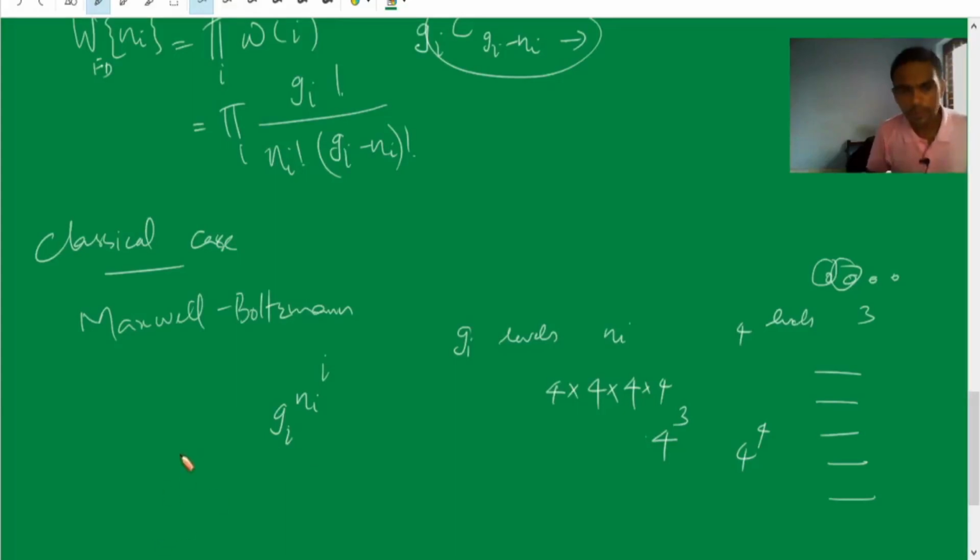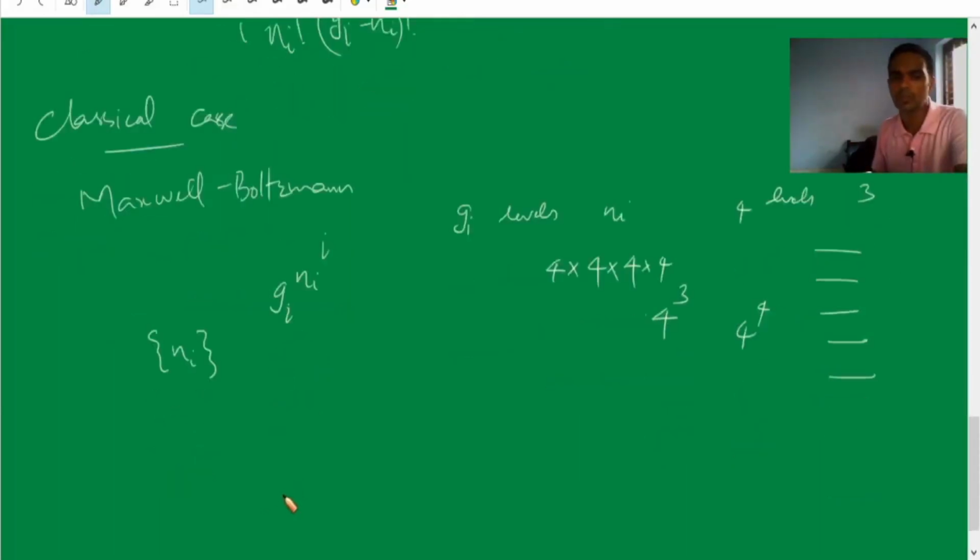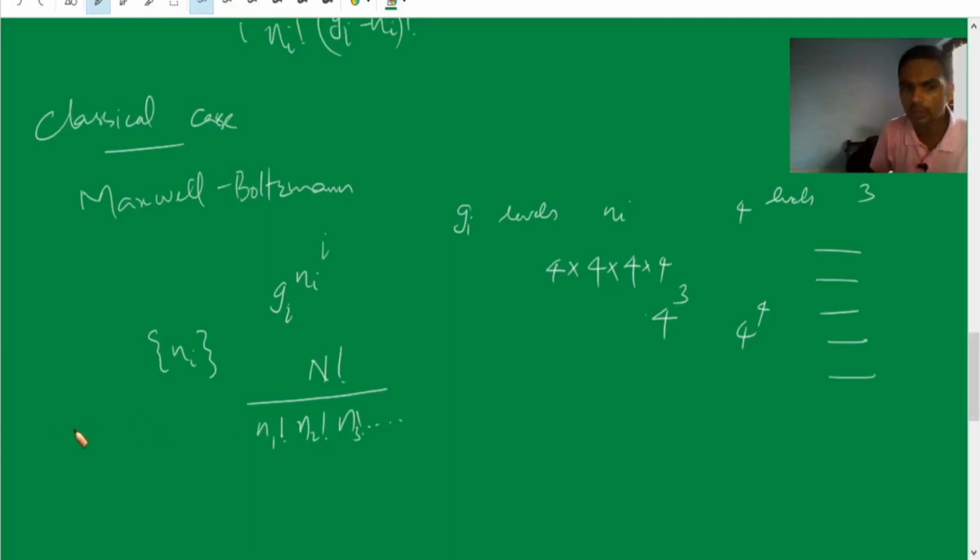Now the distribution set Ni can be obtained in many different ways. The total number of ways of a distribution set in the case of classical particles is N factorial divided by n1 factorial, n2 factorial, n3 factorial, etc. This is the total number of microstates of the distribution set Ni.